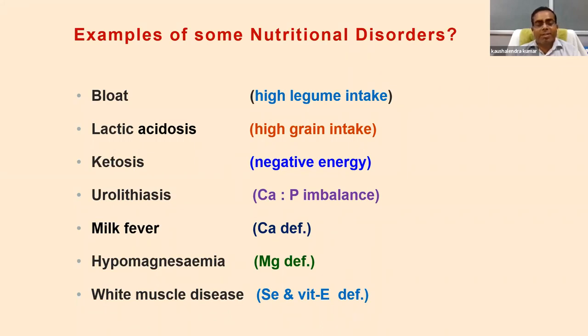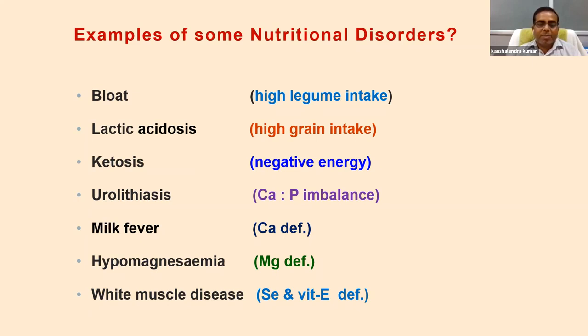Urolithiasis is nowadays a major problem, and in clinics and our hospitals also, regularly, even every 2 or 3 days, goats are coming, and they have urinary bladder chalk and some problem in the urinary tract, and the doctors found the condition of urolithiasis.